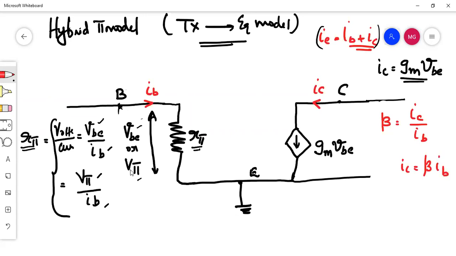Here there is an IC, and I represented that IC with the first representation. With that representation I am representing IC equal to GM into VBE, but I can also represent this IC with this equation. So I can replace it and write IC equals beta times small IB. I can represent it like this as well. Is this clear to you?